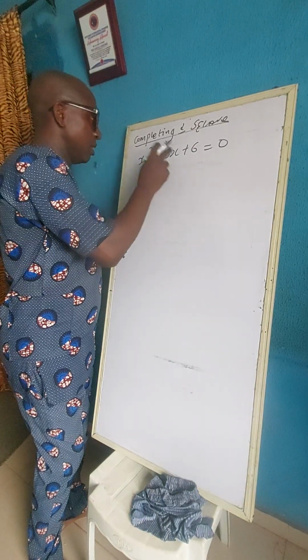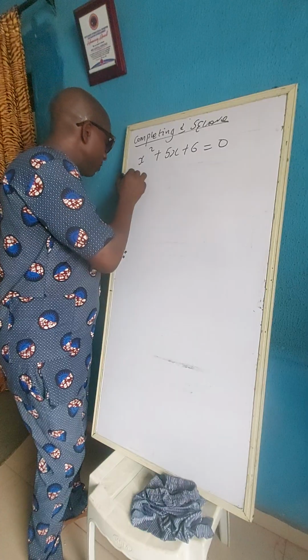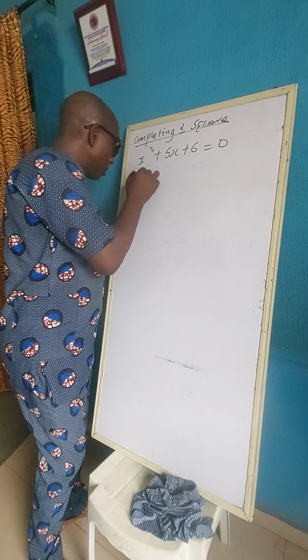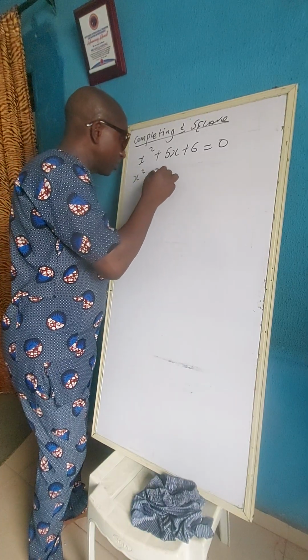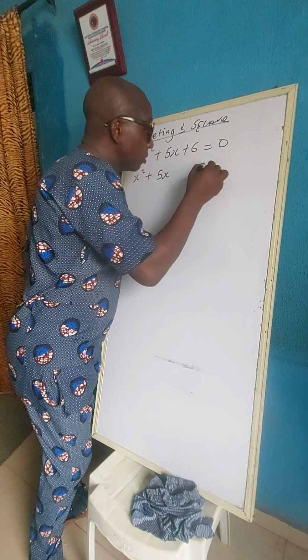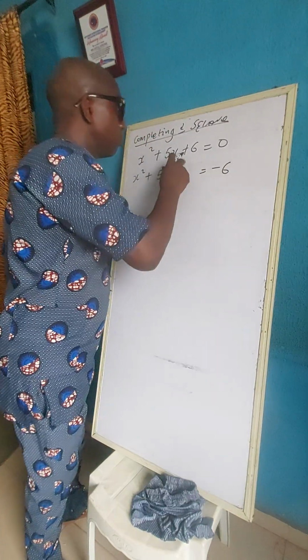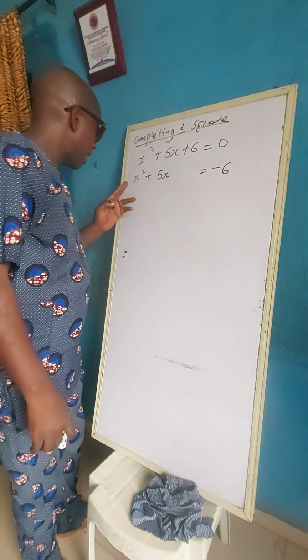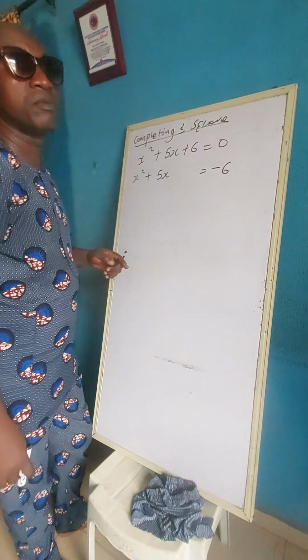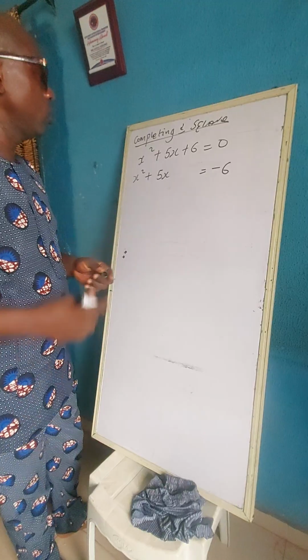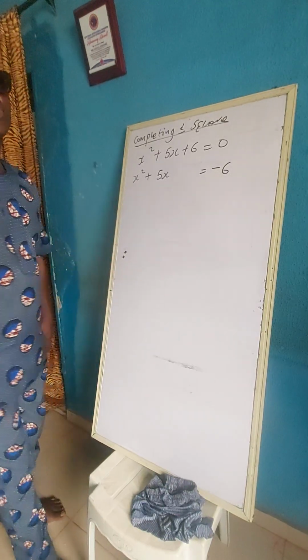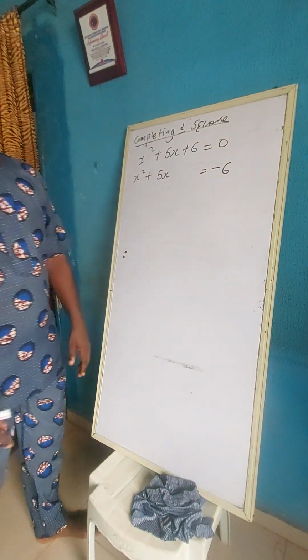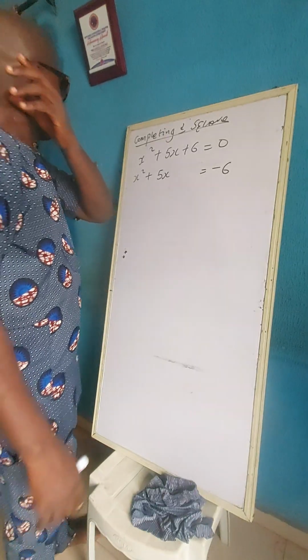Second step, let 6 go to that side. It becomes x squared plus 5x equal to minus 6. Now, x squared plus 5x, what do we do? We make this one a perfect square. How do we make it a perfect square?